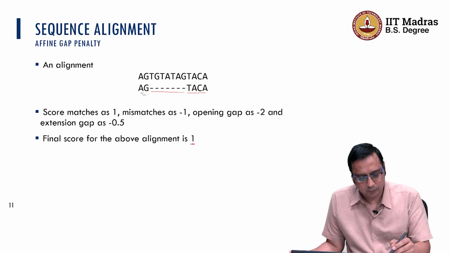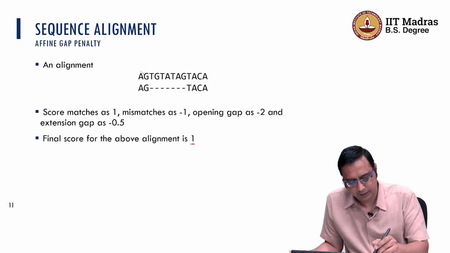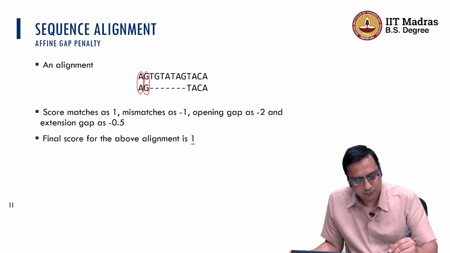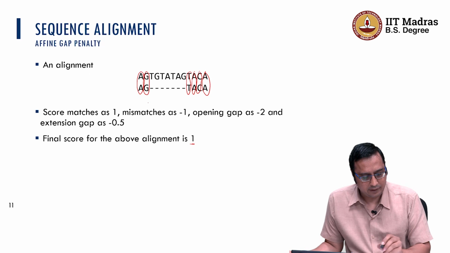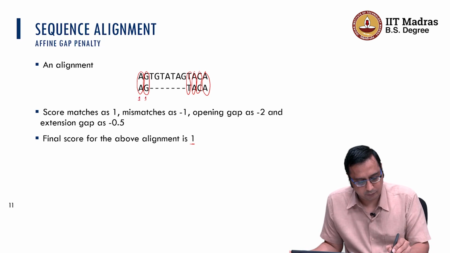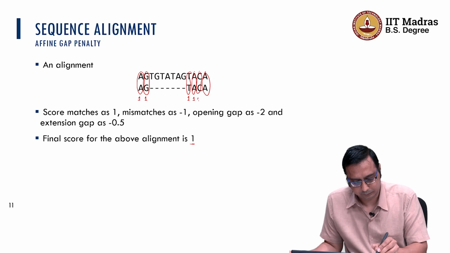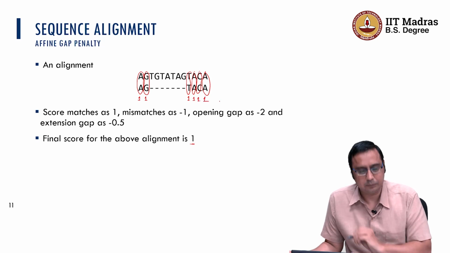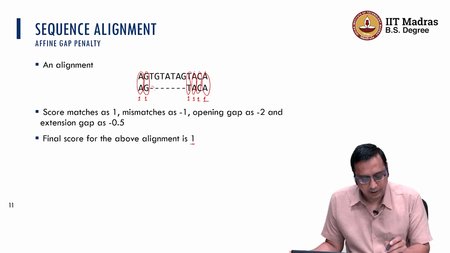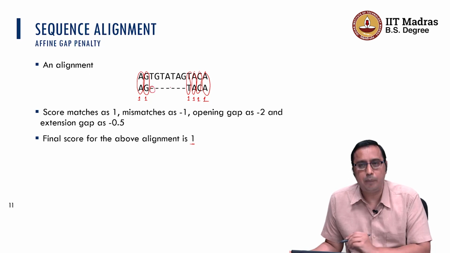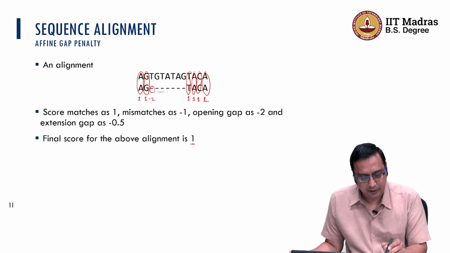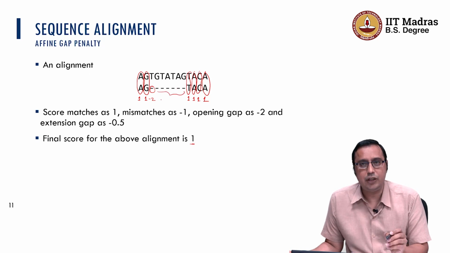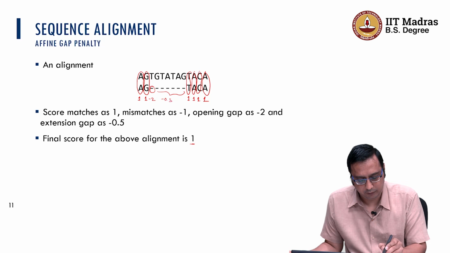So let me explain again in more detail. This one and this one, this and this alignment, which are matches, I am providing a score of 1. Now I have the opening gap. This one will provide minus 2, and each of the remaining will provide minus 0.5.